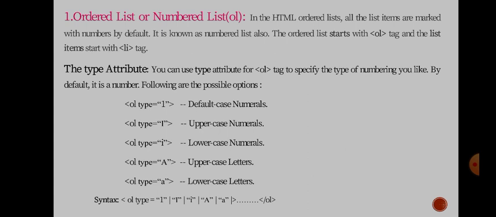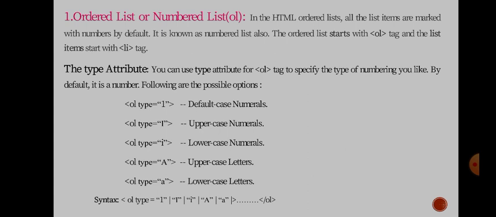And the type attribute: you can use the type attribute for the OL tag to specify the type of numbering you like. By default it is number 1, 2, 3 and so on, and following are the possible options. First one, OL type is equal to 1. It is the default case, numerals. Once you write type is equal to 1, the list items are presented in 1, 2, 3, 4 order.